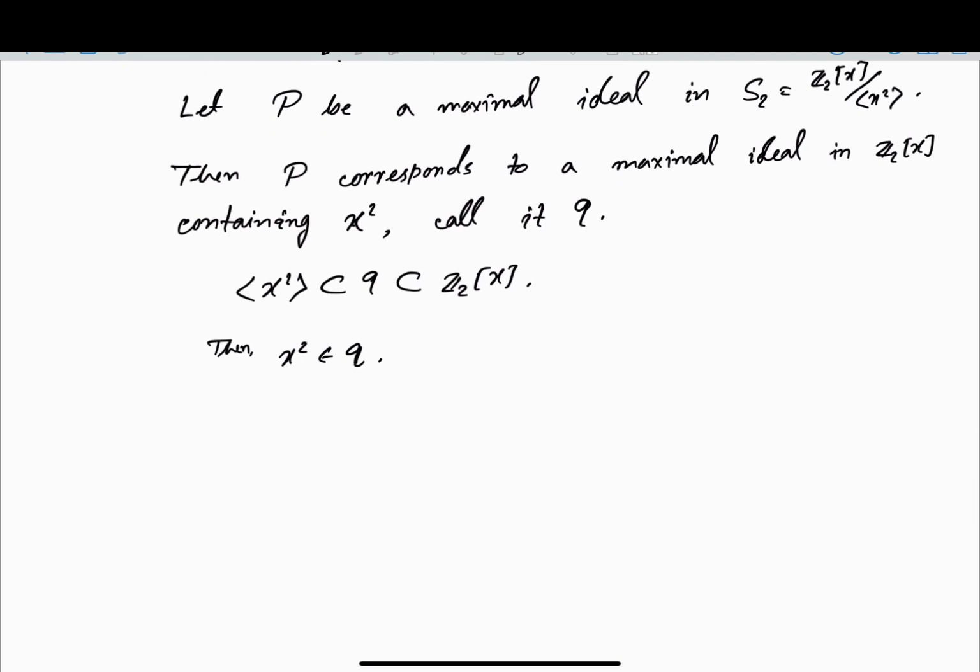And this is a maximal ideal, which means it is a prime ideal, which says that x belongs to Q, as Q is a prime ideal, because maximal implies prime. Therefore the ideal generated by x is contained in Q.